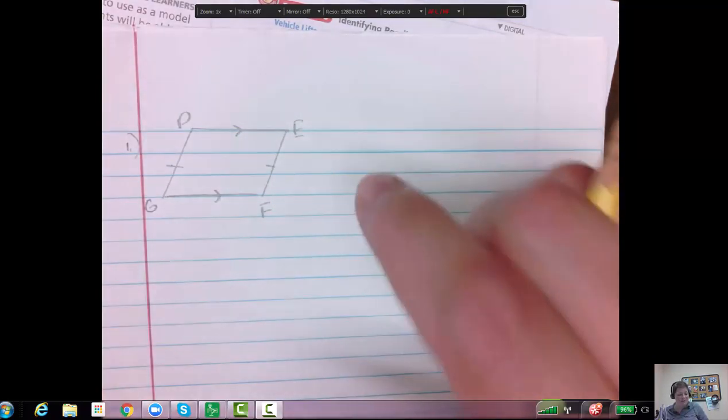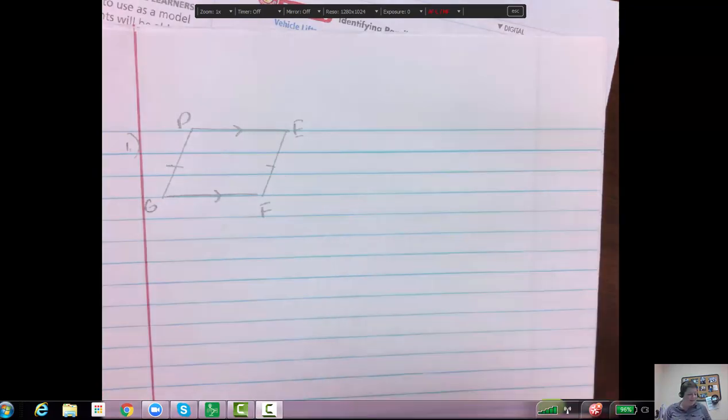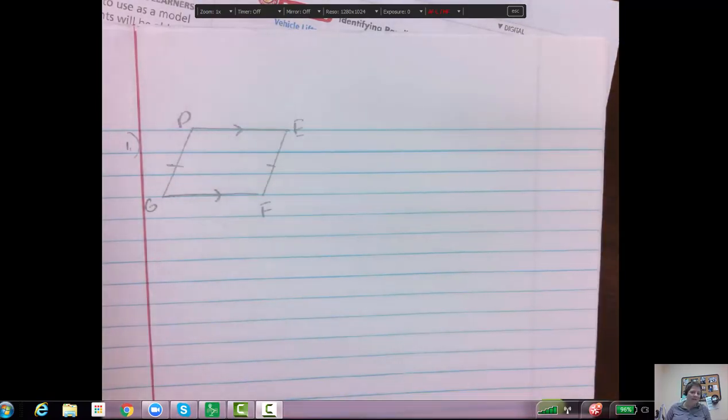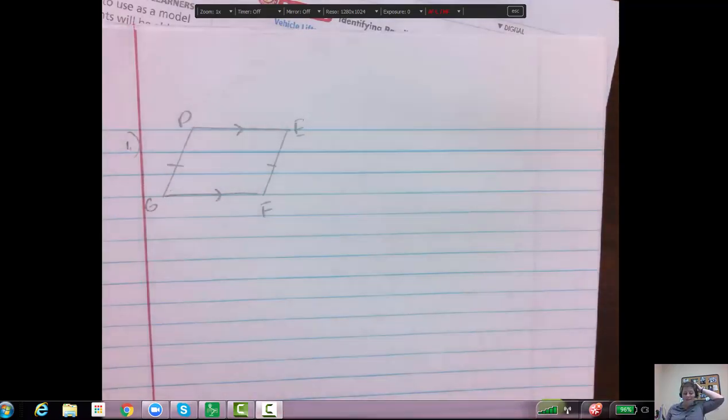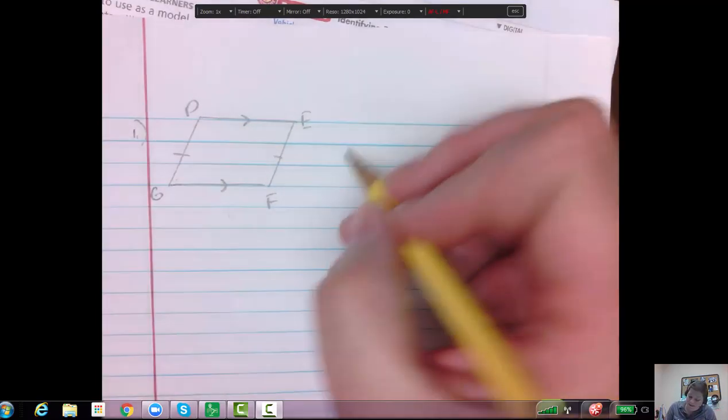which we don't have a proof of. We also had opposite sides congruent, but we don't know these are congruent. And we had angles. This one has nothing to do with angles, and we don't have any diagonals, so we don't have enough information to know if these are parallel.